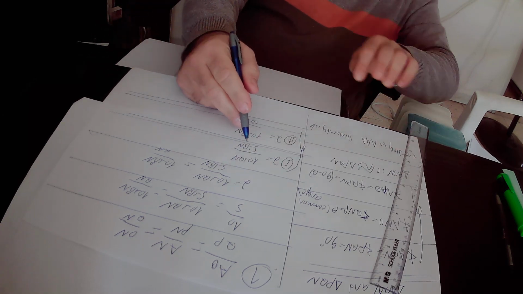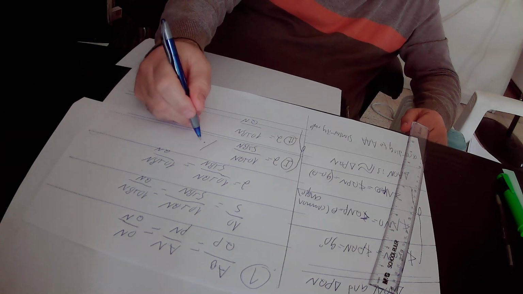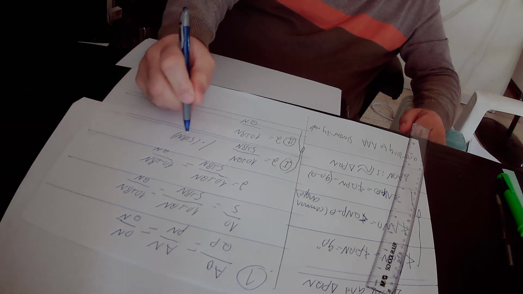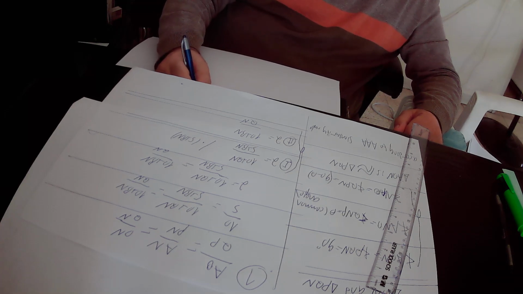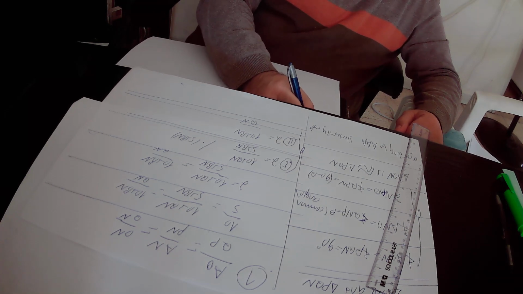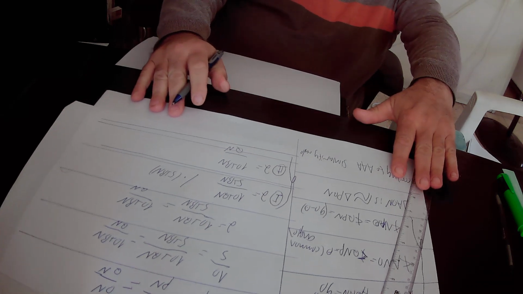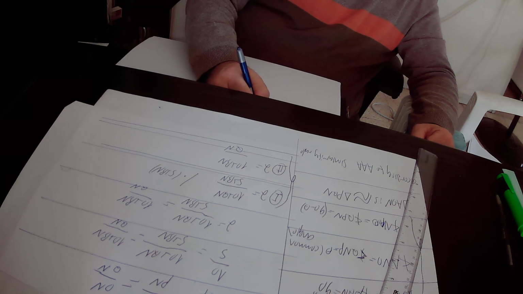Here we will multiply equation number 1 by 5 plus BN. And we get that according to equation number 1, 2 times 5 plus BN equals 10 plus QN.